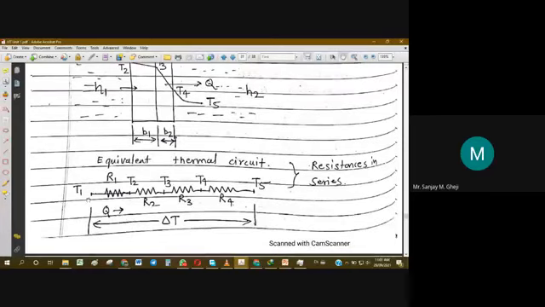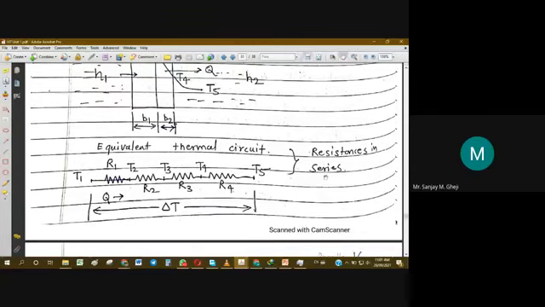And the total temperature difference is T1 to T5, delta T, which is covering all four resistances. And in between temperatures, we can write like this: T2, T3, T4, T5.